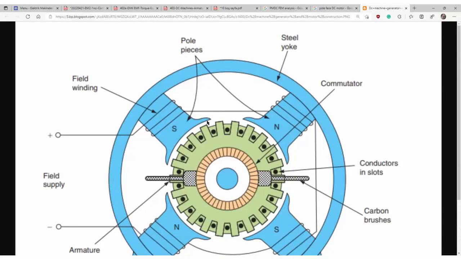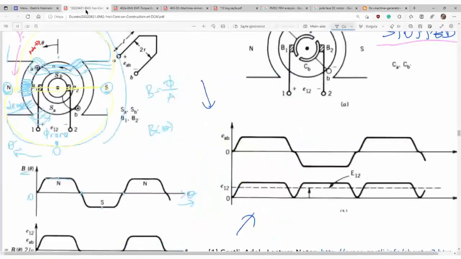But here it is 0, and there are only leakage fluxes causing a very small amount of flux density. Let me show you.